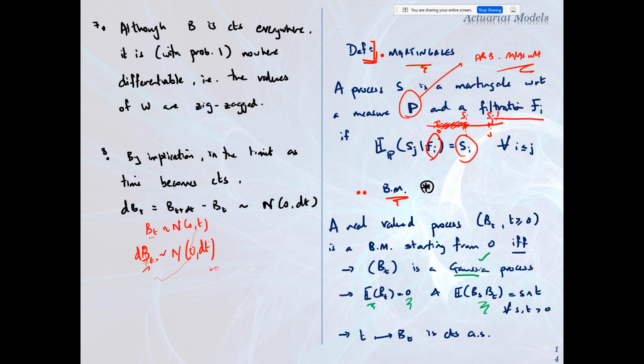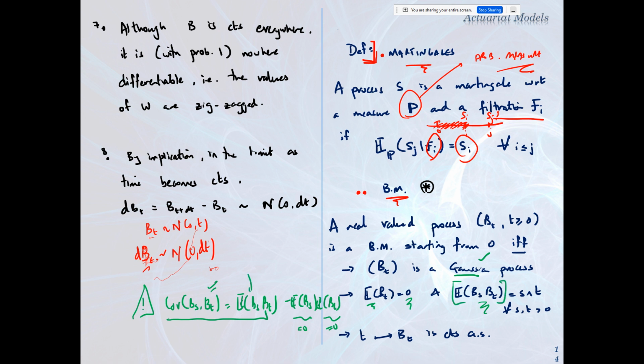Okay, so I think you will agree that covariance of B_s, B_t is equal to the expectation of B_s B_t minus the individual expectations, and these are equal to 0. So in fact, we are checking the covariance when we do this calculation.